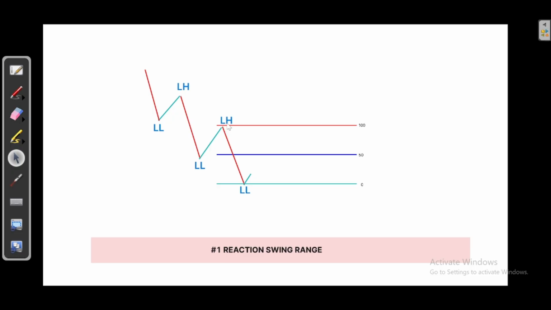This lower high and lower low is our RSR, our reaction swing range. So I will place Fibonacci to identify the 50 level so that I will know the area where I will look for opportunity to sell the market. Because it is bearish, I'm selling, so I will wait for the price to move to the premium zone before I look for opportunity to sell.